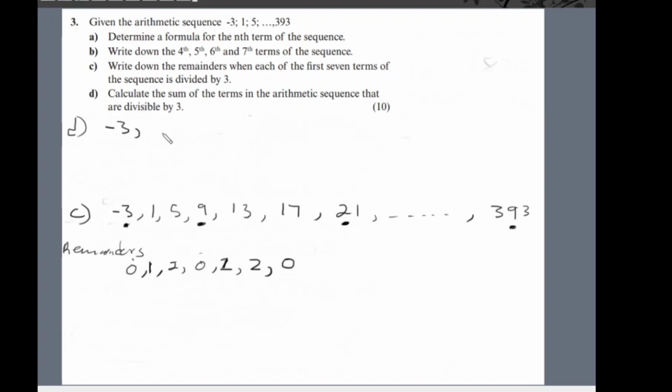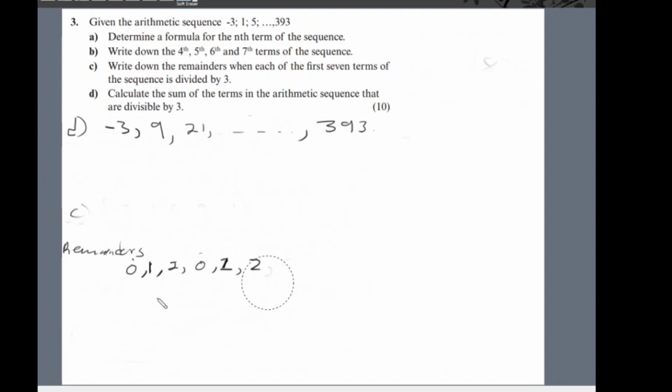Term 1 is divisible by 3. Term 4 is also divisible by 3. And then term 7 is divisible by 3. And then the last term is also divisible by 3. Right? Okay, so now you have a sequence of the terms that are divisible by 3.